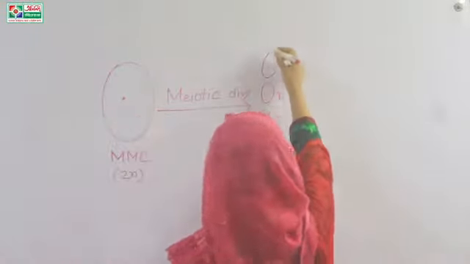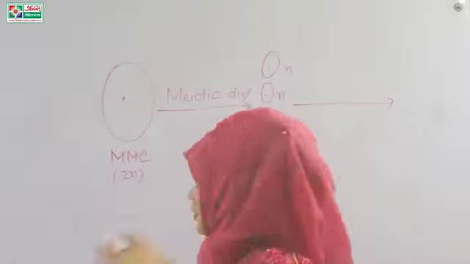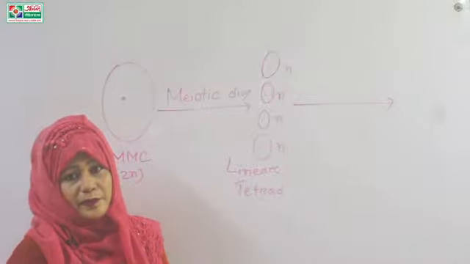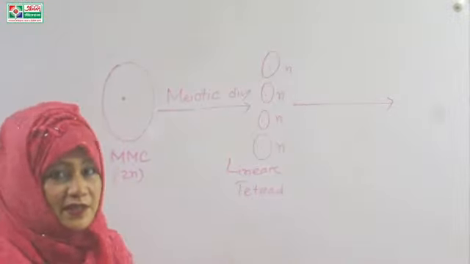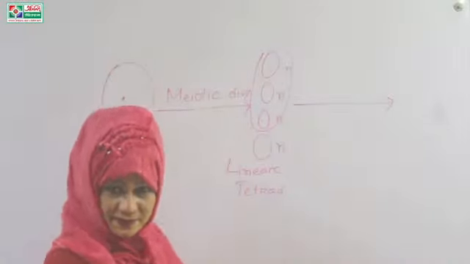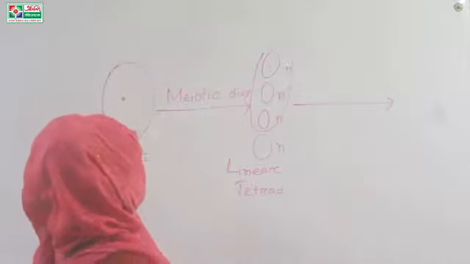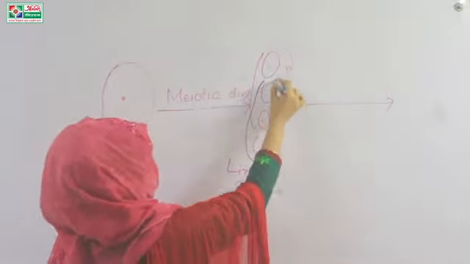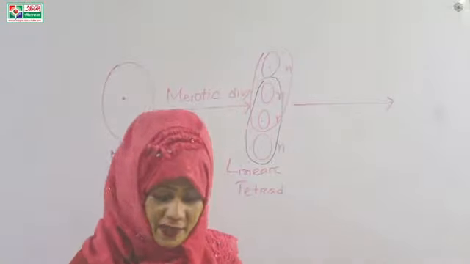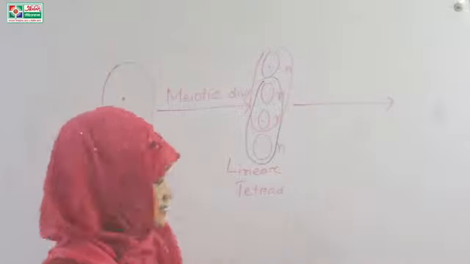After that, 3 cells from the upper side or 3 cells from the lower side may degenerate. Whatever it is, we are getting only one survival cell.